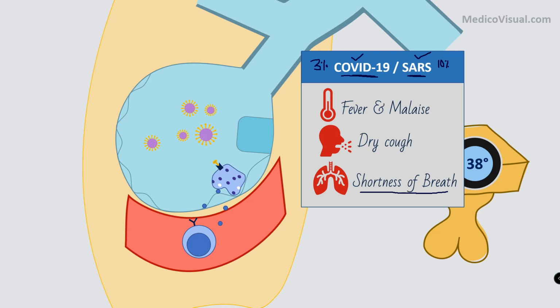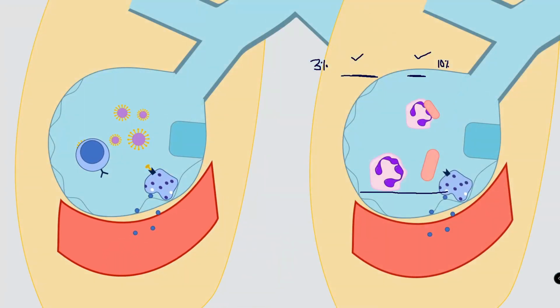This was the pathogenesis and clinical features of atypical pneumonia. Now we will discuss the common complication of this disease, that is ARDS, right? So here I want to highlight another thing.